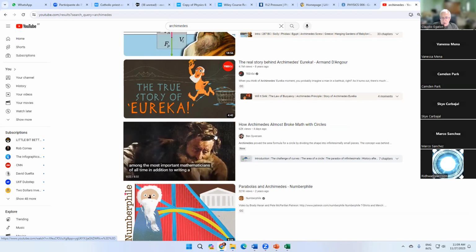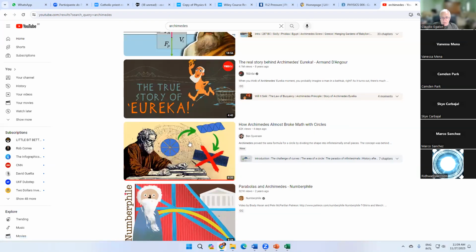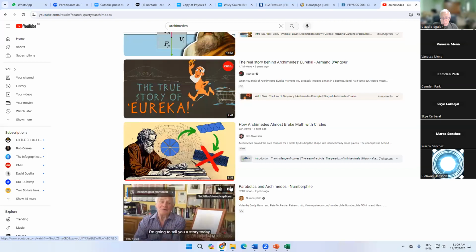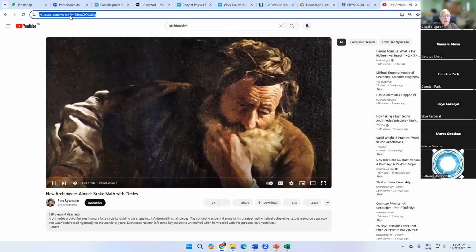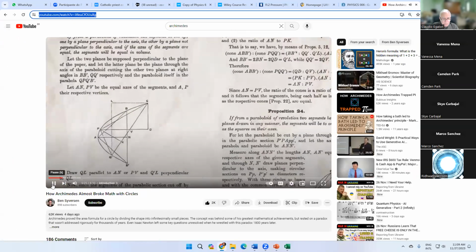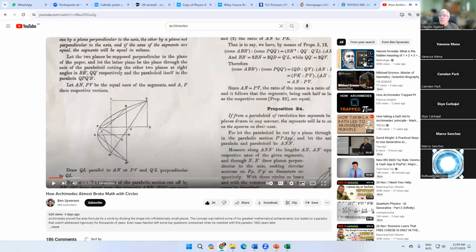Archimedes started to struggle with this concept of integral and differential calculus. So he wrote a number of books at a time that we didn't have the printing press. Remember, the printing press was invented only in the 1500s. This guy lived 100 years before the Common Era.